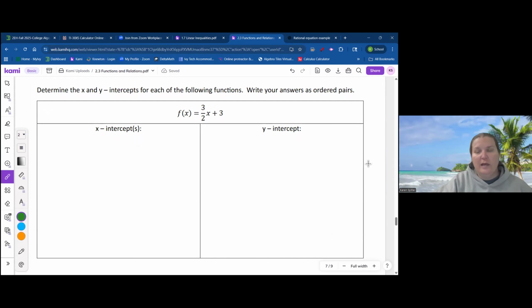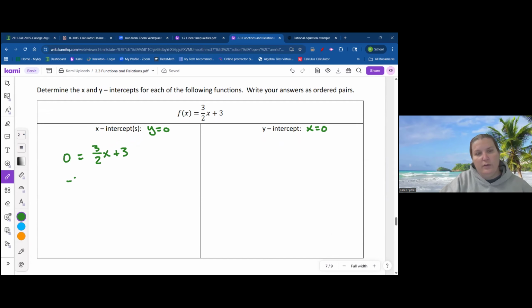So the X-intercept is when Y equals 0. The Y-intercept is when X is equal to 0. So for the X-intercept, we're going to go with 0 is equal to 3 over 2 x plus 3.